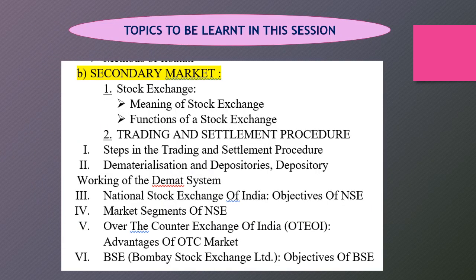The next one, coming back to the topics that we covered today, is the entire trading and settlement procedure, the steps, dematerialization, depositories and depository participants, and the working of a Demat account.